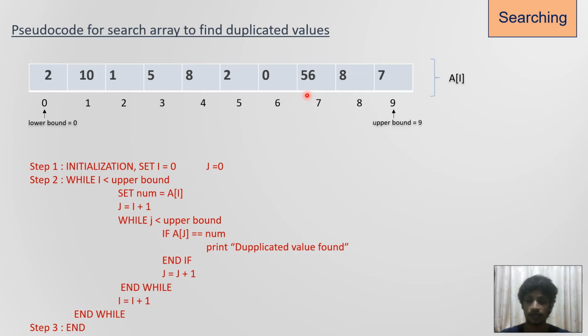Basically, a duplicate value means our array contains the exact same value more than once. In this case the array contains 2 twice, which means 2 is duplicated.